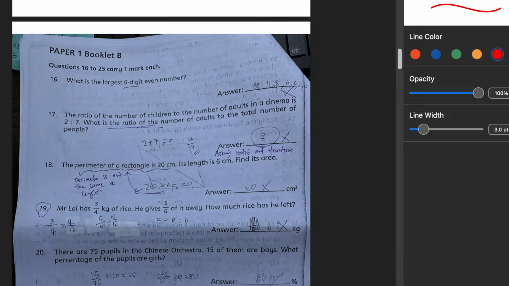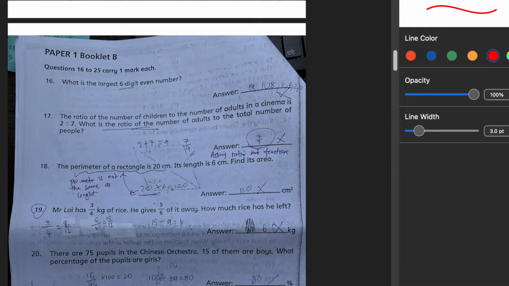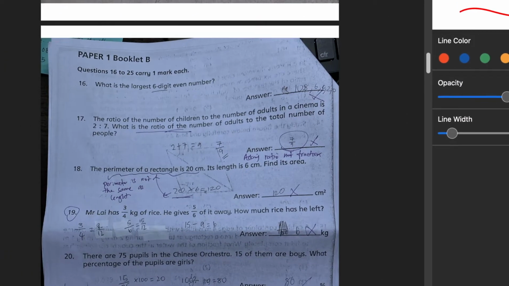So I hope that in future you can use a highlighter to highlight what the question is asking. This is a mark that you can get, and you more or less understand the concept, but I think you just gave me a fraction. Okay, so maybe I'll just go to the next one.